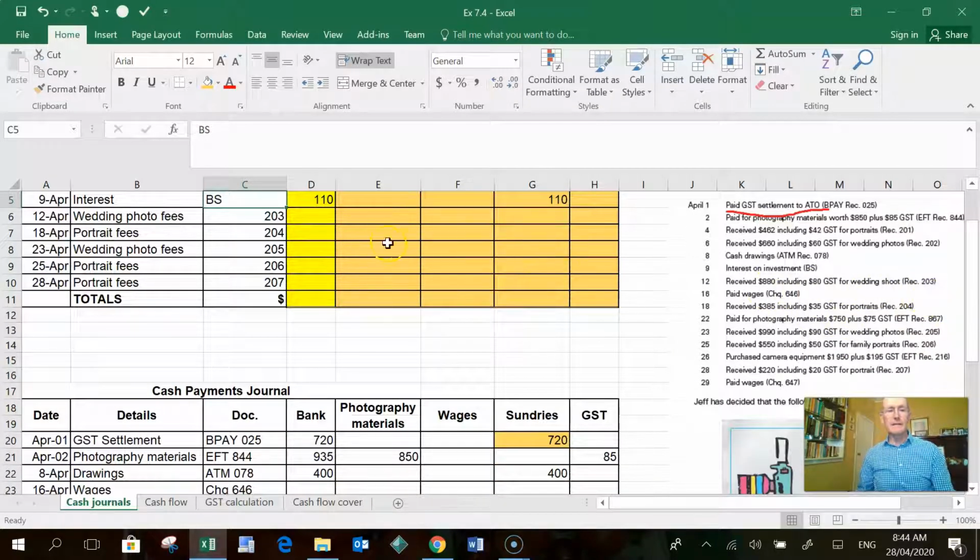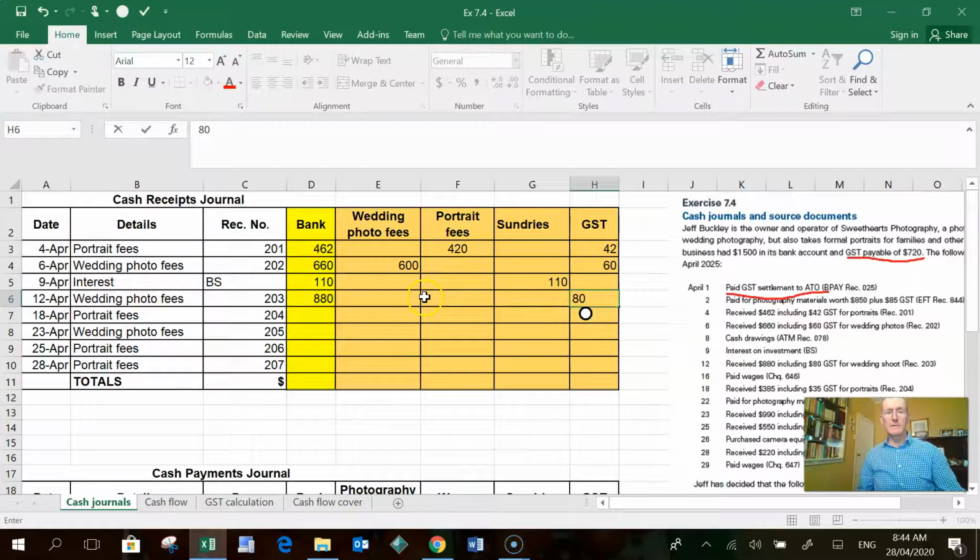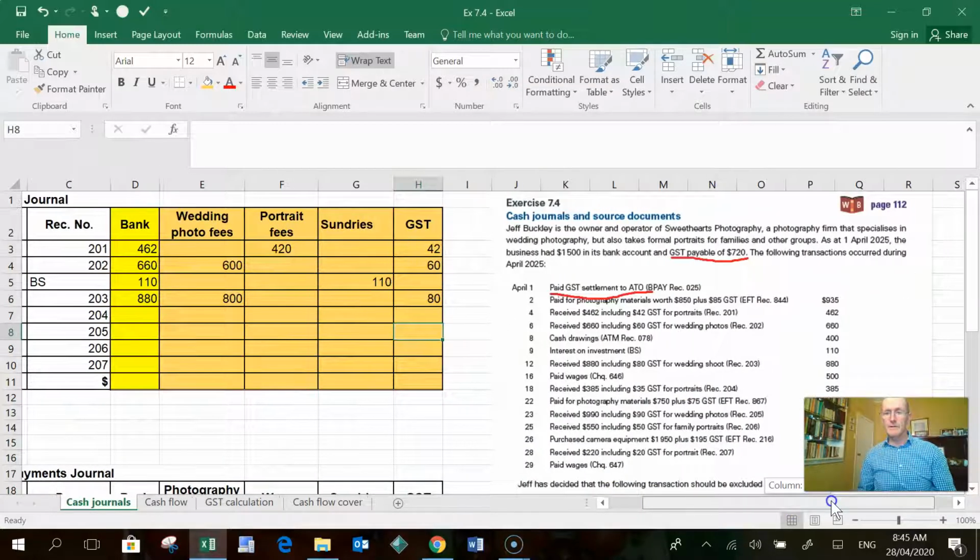Received $880 for wedding photos. So including GST, yep, $880, including the GST. And wedding photos is the first one, so $800. Paid wages for $500.